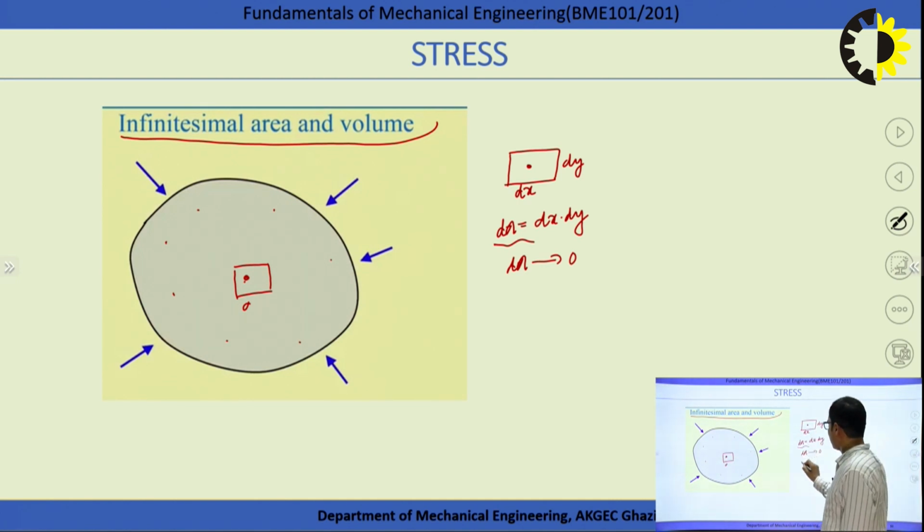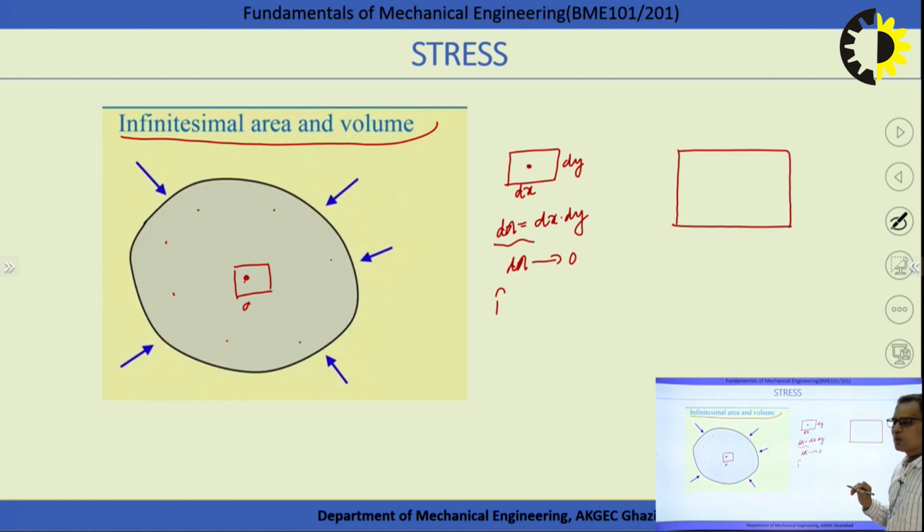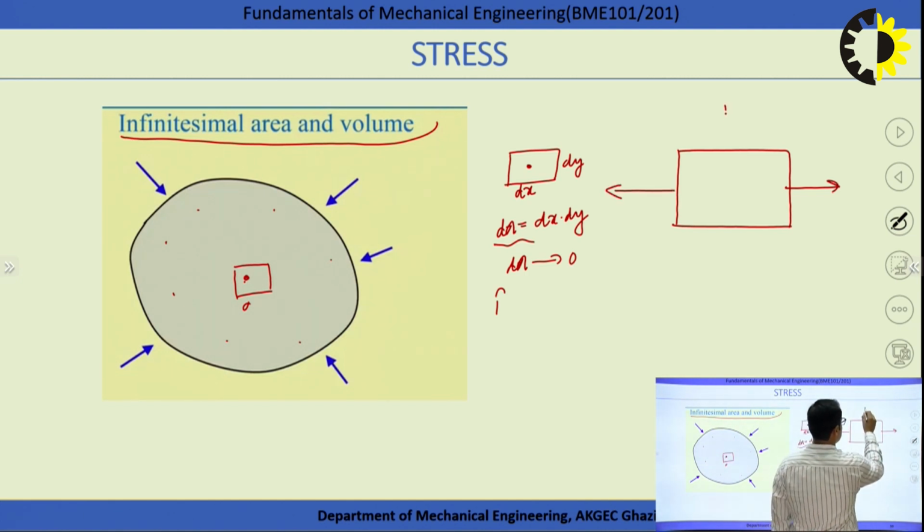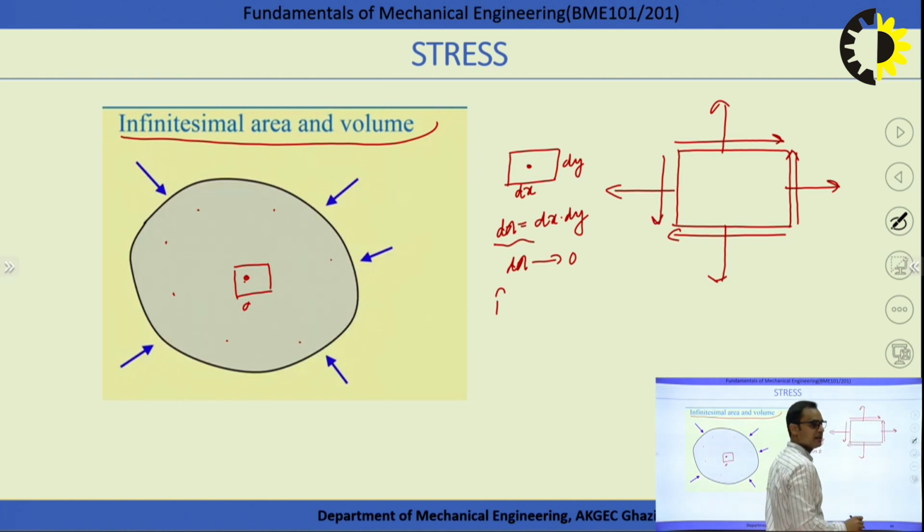If I draw a larger view of this, suppose it is a 2-dimensional body. How is stress acting over this body? Suppose one stress is acting here: these are the normal stresses, and another is the shear stress. Suppose this one is due to W1, this is W2, and this is W3.